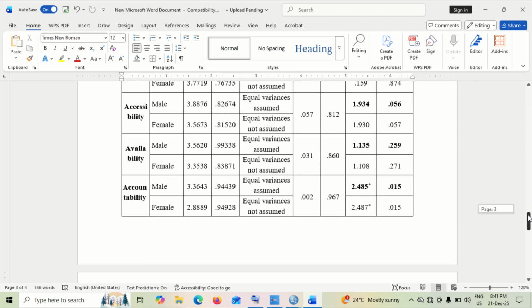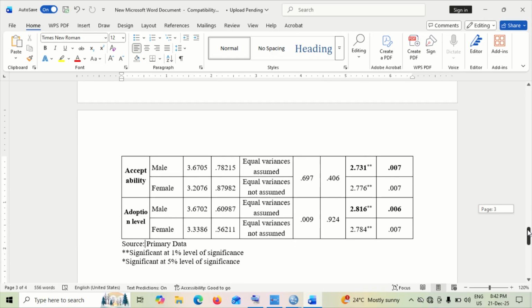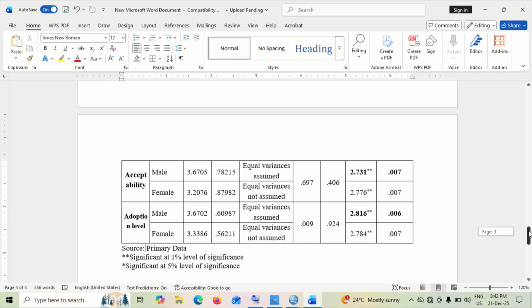These are the results of the independent sample t-test. Here we can see that the double star indicates significance at 1% level of significance, and the single star indicates significance at 5% level of significance, and the source is given as primary data.